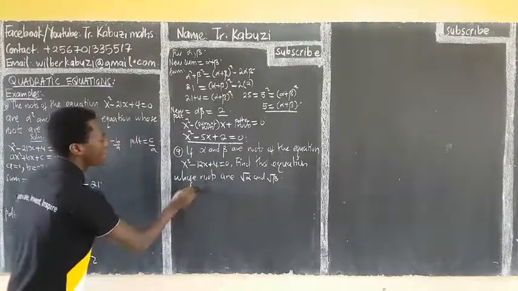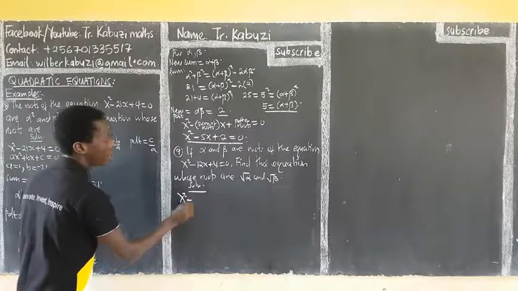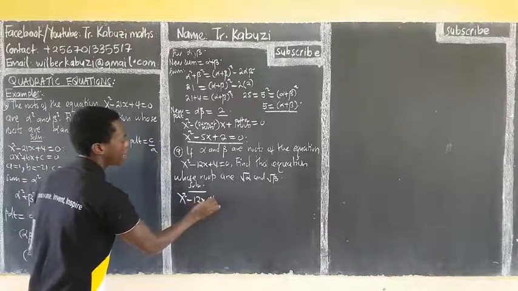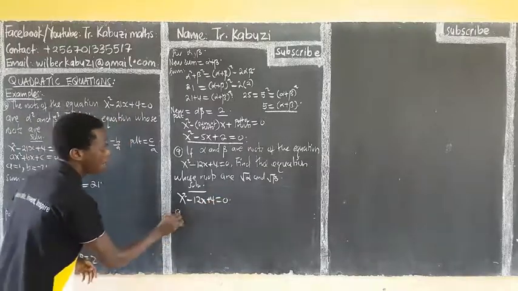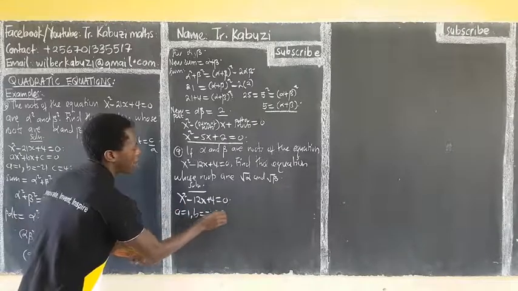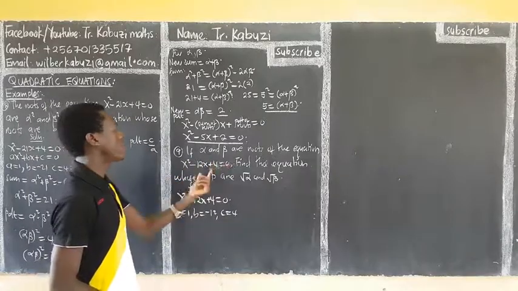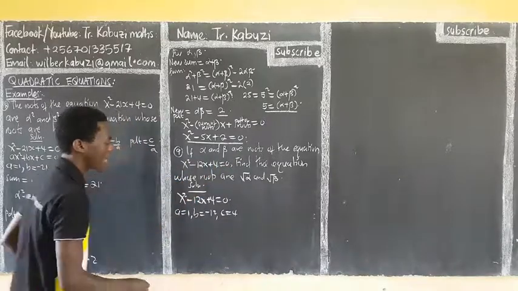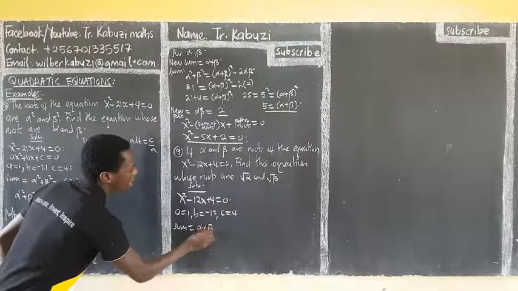So now, in my solution, my original equation is x squared minus 12x plus 4 equaling 0. Now from here, if I compare this one, my a is 1, my b is negative 12 and my c is 4. The roots of this equation are alpha and beta, so their sum is alpha plus beta.